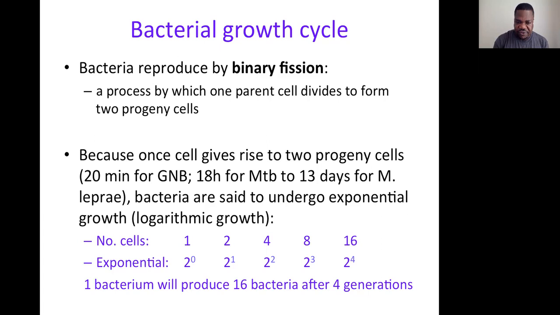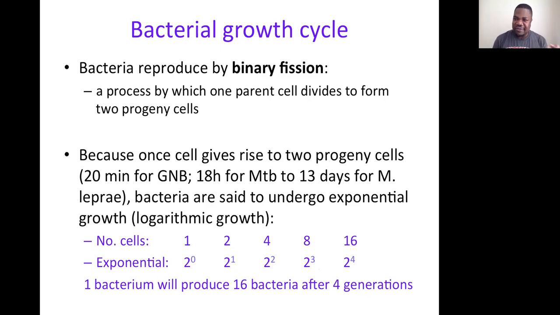Here 1, 2, 4, 8, 16: 1 is 2 to the power 0, then power 1, power 2, power 3, power 4. This is exponential growth. It simply means that one bacterium will produce 16 bacteria after 4 generations.